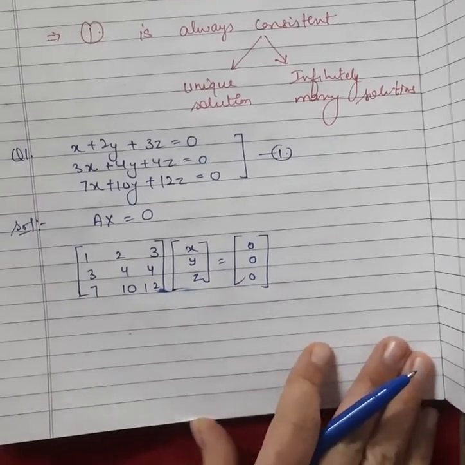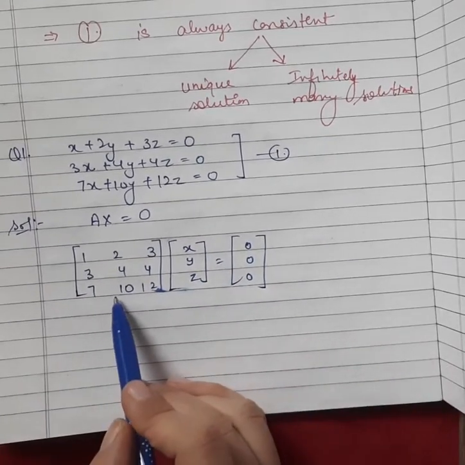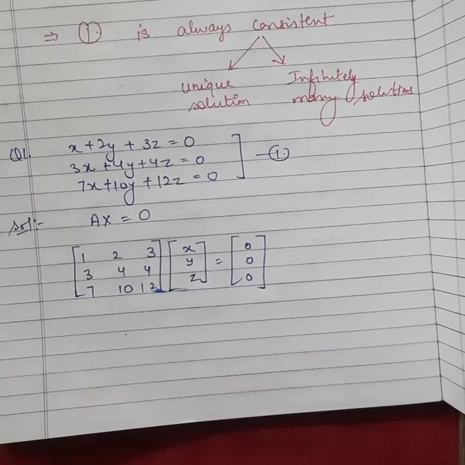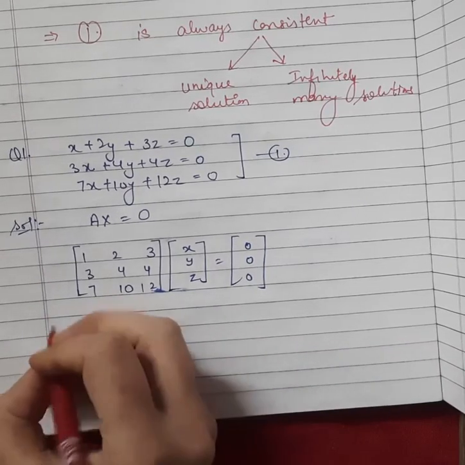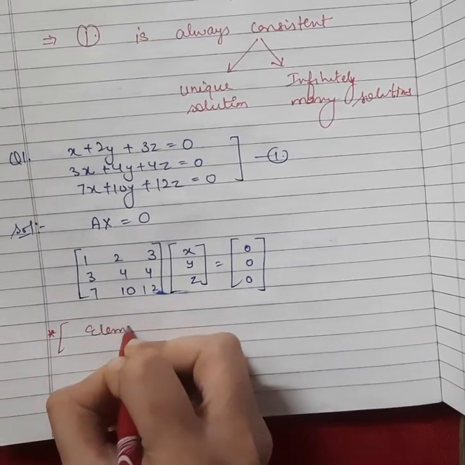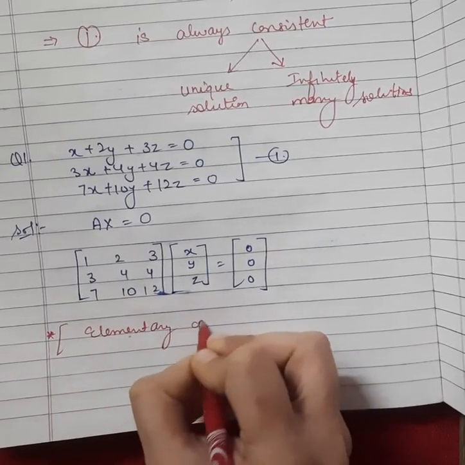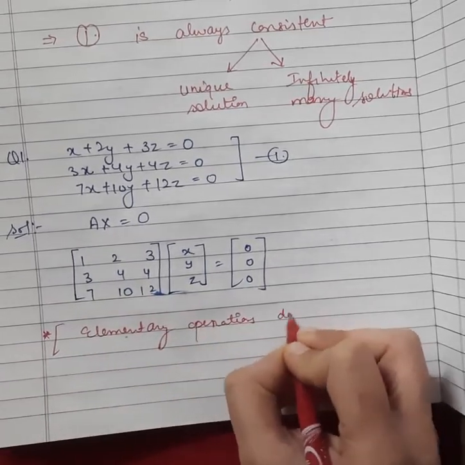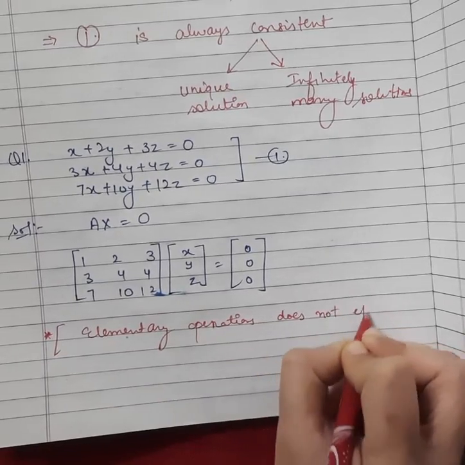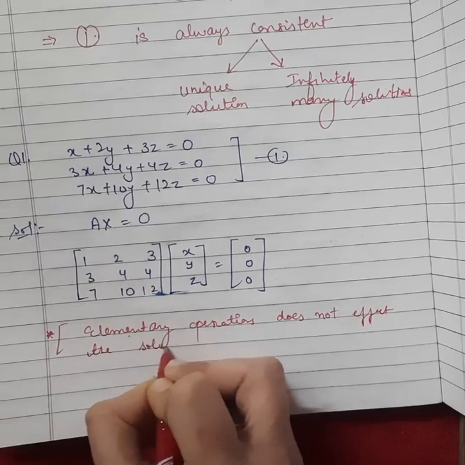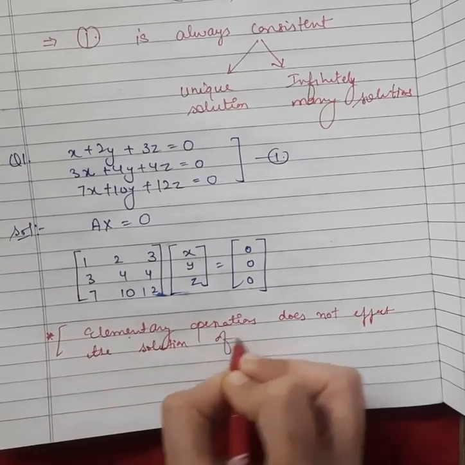Now we will transform this matrix A into echelon form by using elementary operations. Keep one point in mind: when we apply elementary operations on a system of linear equations, it does not affect the solution of the system.